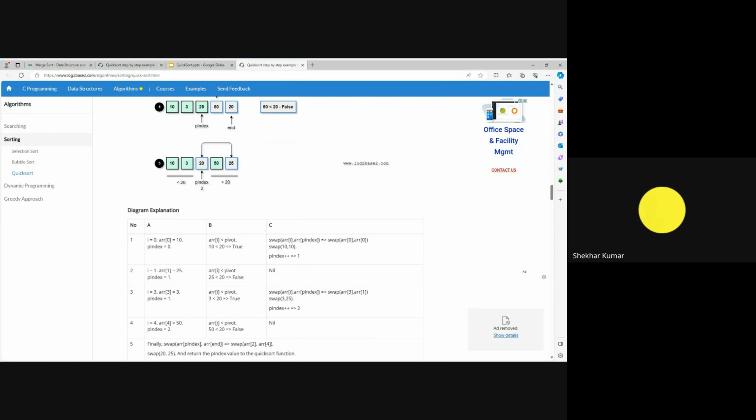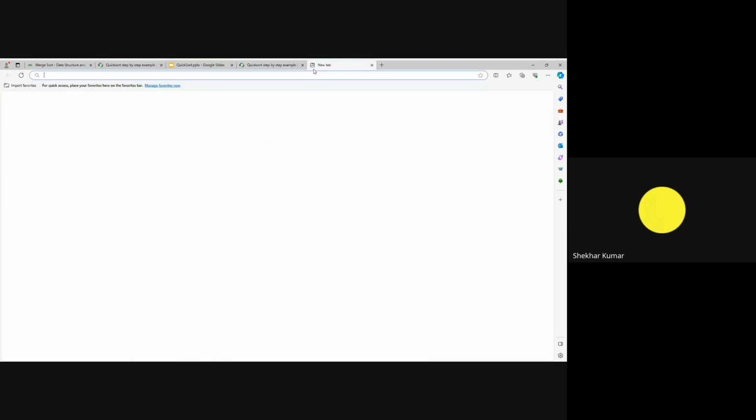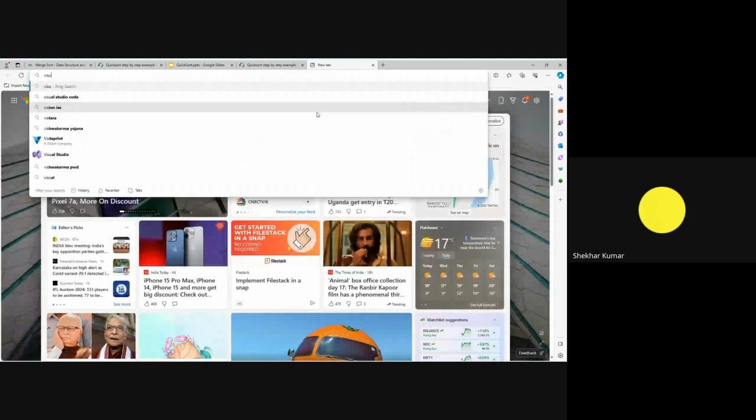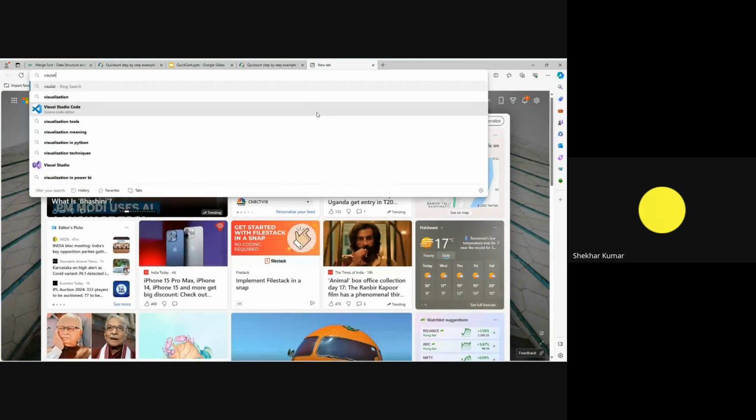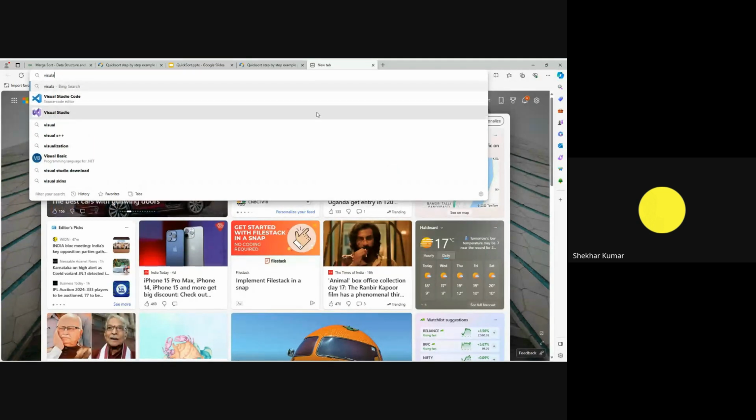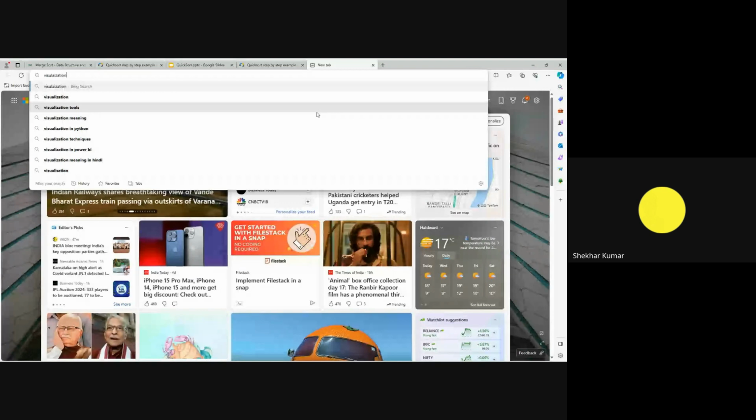Okay, I will show you a visualization of quick sort.